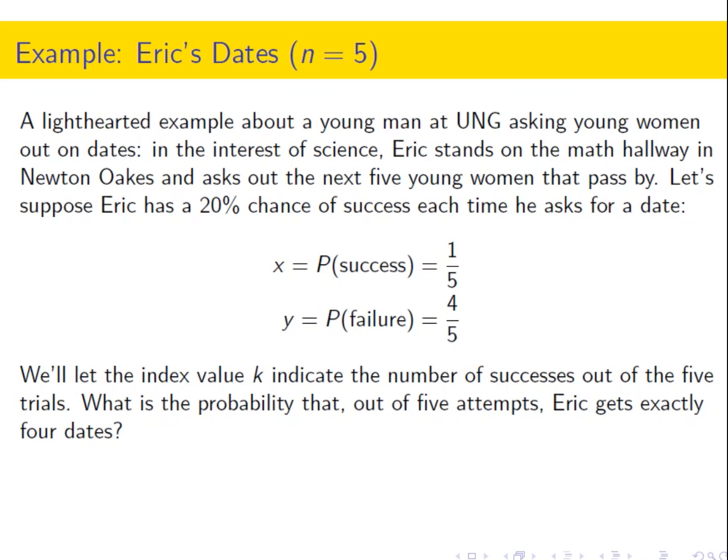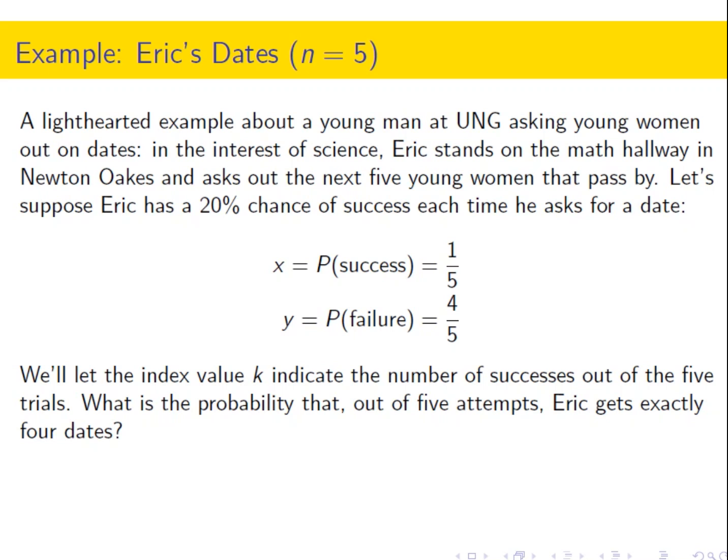And then there was a nice young woman who was also in the room, Joy, and we said, hey, Joy will go out in the hallway, and she'll make sure that the young women who are being asked out aren't already in a committed relationship. You know, if they're already in a relationship, then Eric's chances would be much lower of getting a date. And Lane said, well, it wouldn't be that much lower. And so anyway, we were joking around and having a good time.